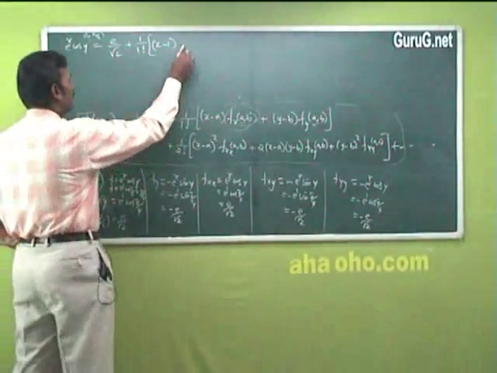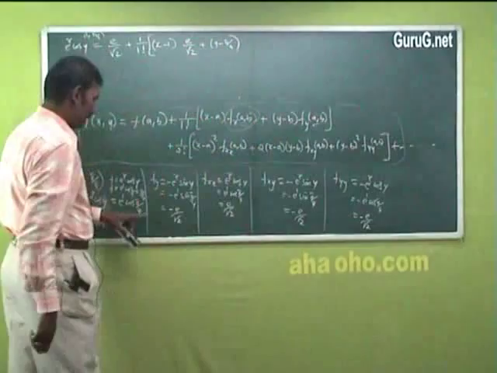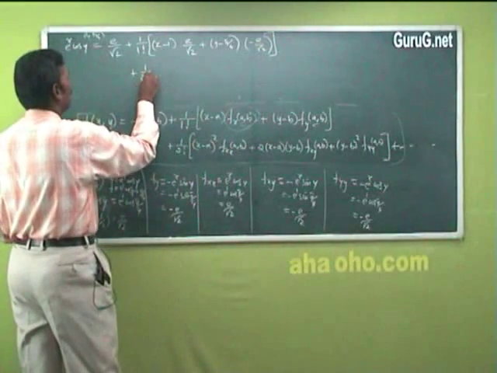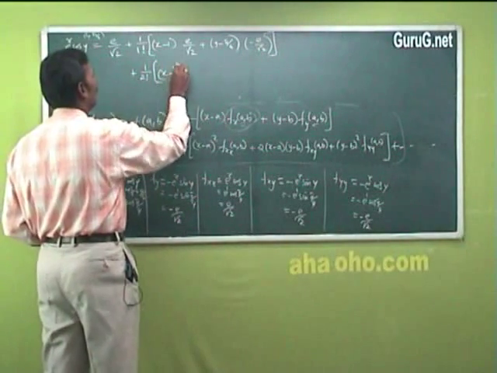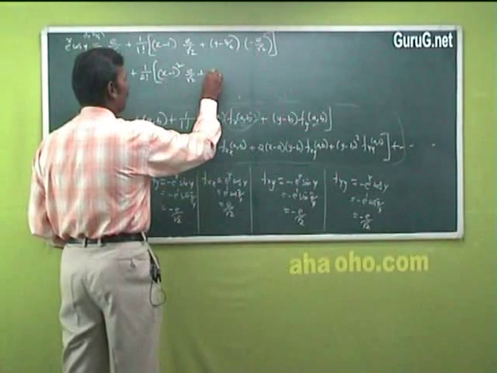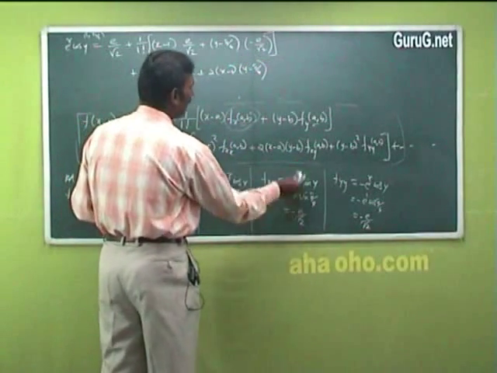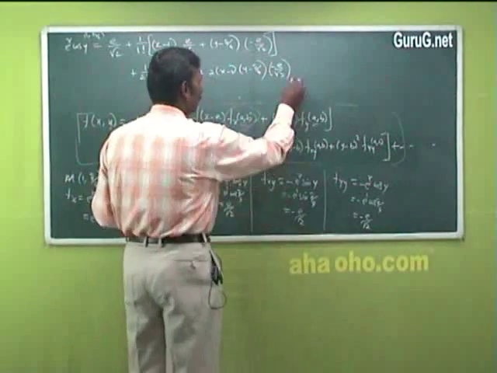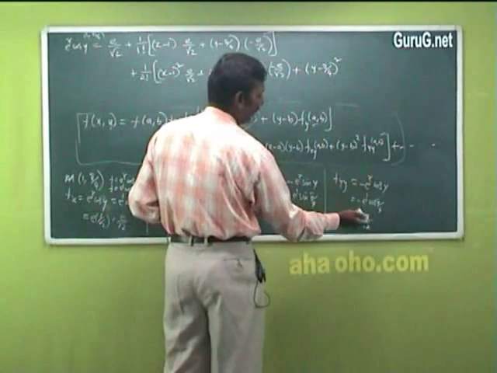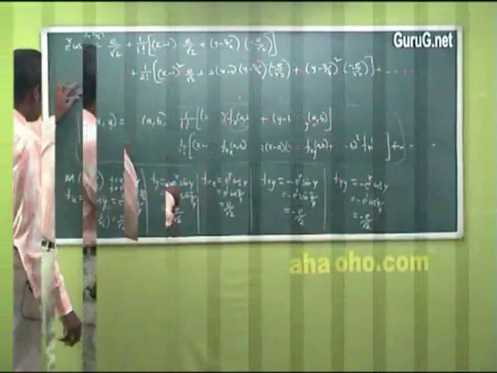The value of fx we have found, e by root 2, then plus y minus pi by 4, fy is minus e by root 2, then plus 1 by 2 factorial, x minus 1 the whole square, fxx e by root 2, plus 2 times x minus 1 into y minus pi by 4 into fxy minus e by root 2, plus y minus b the whole square, so b is pi by 4, so y minus pi by 4 the whole square, fyy minus e by root 2, plus etc. Here we can take e by root 2 outside.